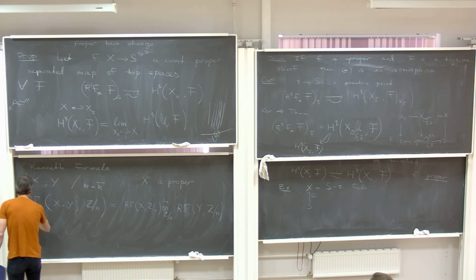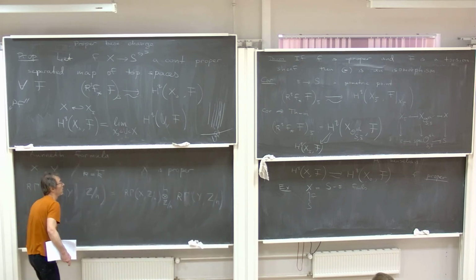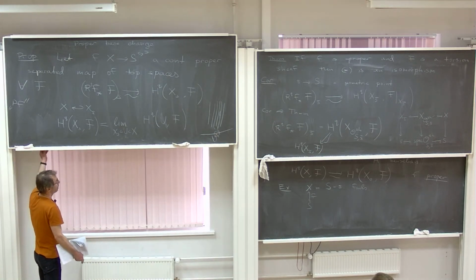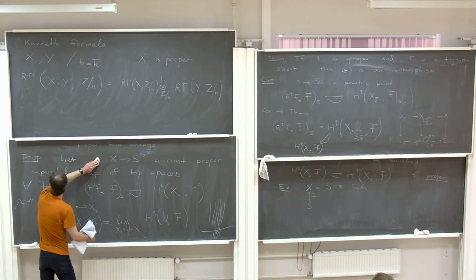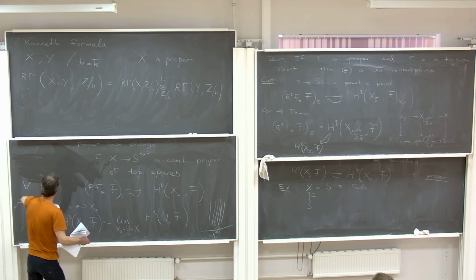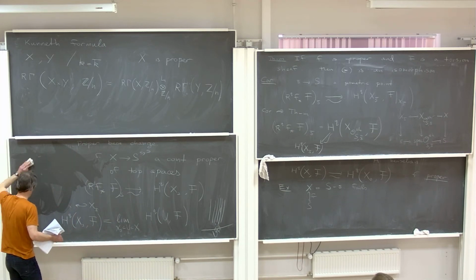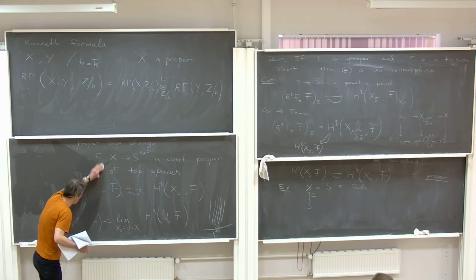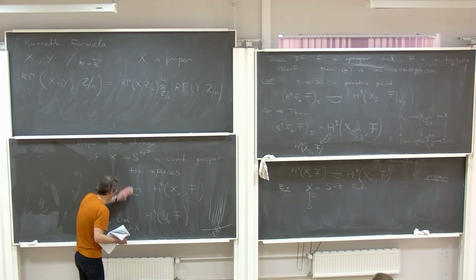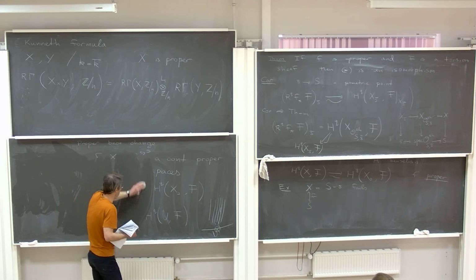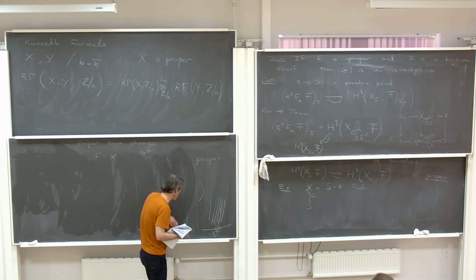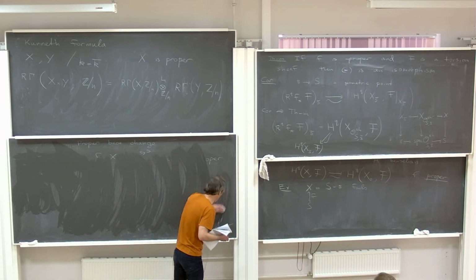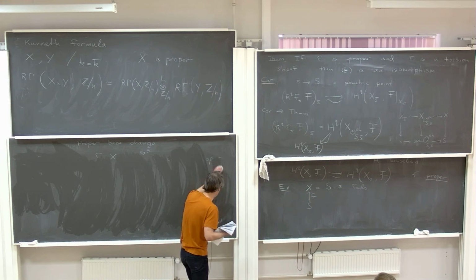So proof. OK. Maybe just a remark first. In particular, this Künneth formula implies that homology of P1 times P1 is what you expect.